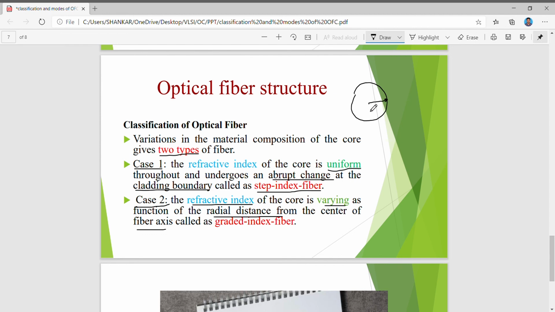Whenever the radius of the core varies, the refractive index also varies. The refractive index of the core varies based upon the radial distance from the center of the fiber axis. This is called the graded index fiber.